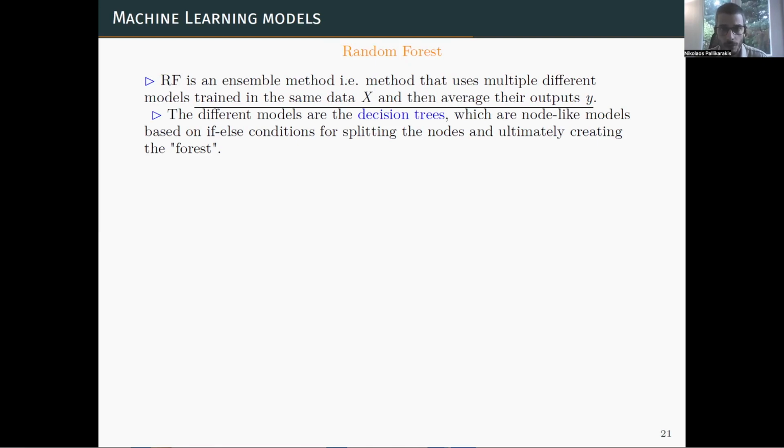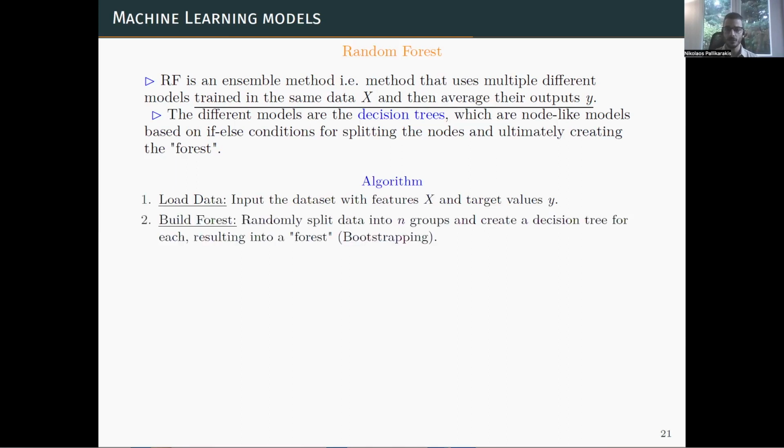Maybe it's something known to the audience: these are models based on if-else conditions to split the data, and this makes, in the end, a tree. The algorithm, quickly and without getting into details, follows. As previously, we input the dataset with features x and target values y.